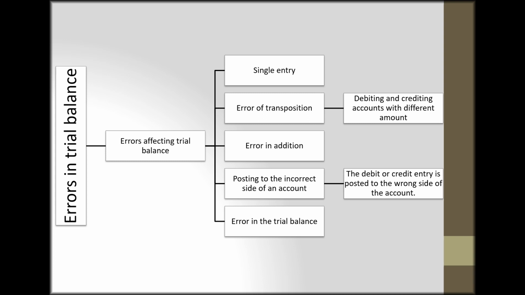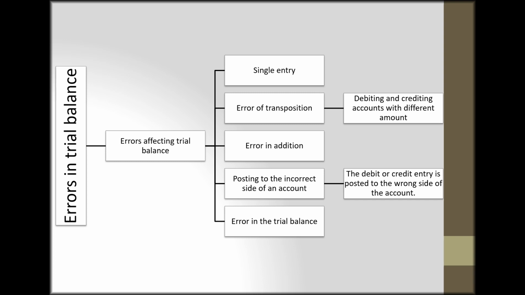The next one is error of transposition: debiting and crediting accounts with different amounts. Let's say for example the business started with 35,000 ringgit cash. The correct entry should be to debit cash 35,000 ringgit, and to credit capital 35,000 ringgit.